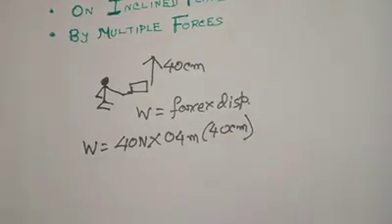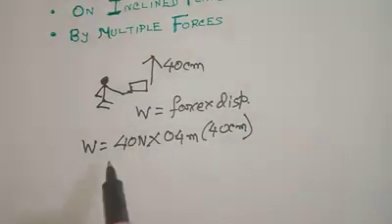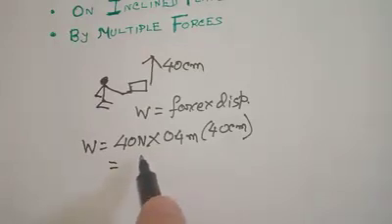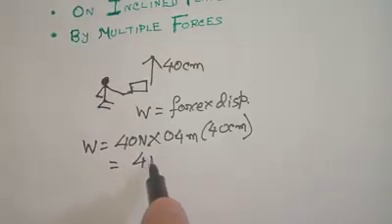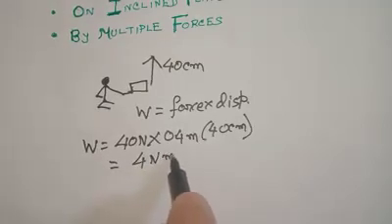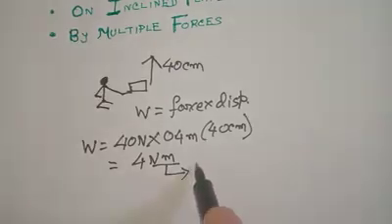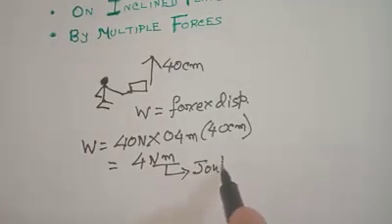So I will make it 0.4 meter, but this is 40 centimeter. Right, so we can multiply this, and what we get is around 4 Newton meter. And this Newton meter is a unit which we have spoken about in the earlier video, which is called joules.